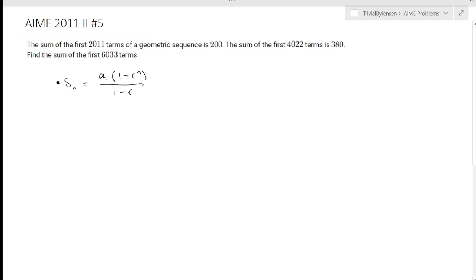So S sub 2011 equals a1, which we don't know, times 1 minus r to the 2011 over 1 minus r. Likewise, S 4022 equals a1 times 1 minus r to the 4022 over 1 minus r. And then we want to know what S 6033 is.